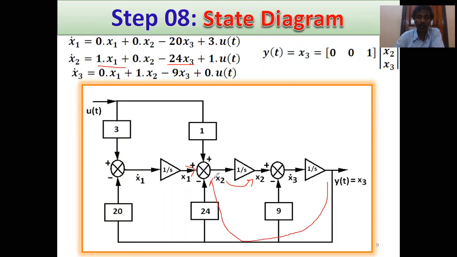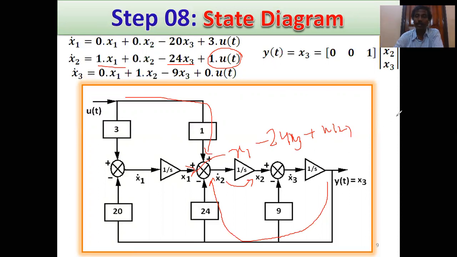So x2 dot equals x1 minus 24 into x3 plus 1 into u of t. This is u of t, with gain 1. This is the x2 dot.